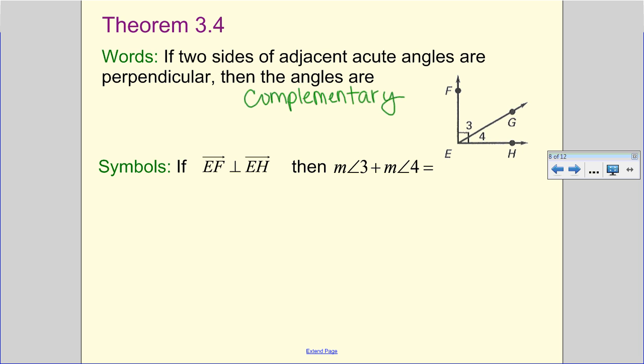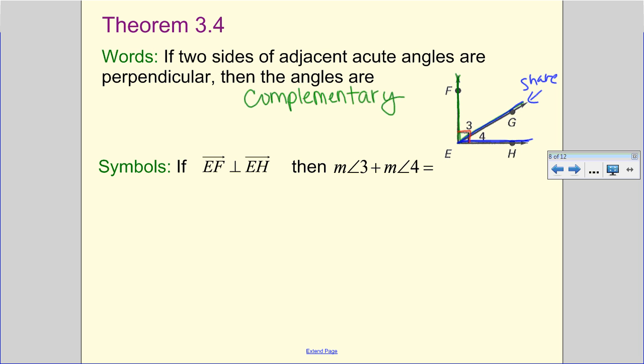All right, so if the 2 sides of adjacent acute angles are perpendicular, so when we look at this, we've got this angle, and then we have this angle. So this is their shared side. This is the one they share. These are the two sides that we're looking at. And those two sides make this 90-degree angle.